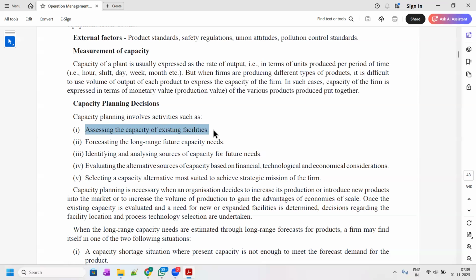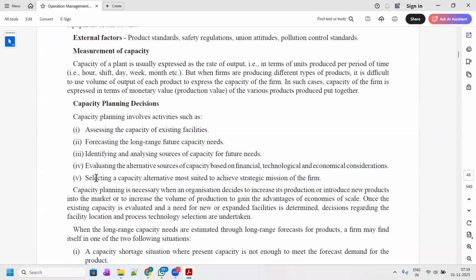Then you talk about forecasting, the long-range future capacity needs. Then we are talking about identifying and analyzing the sources of capacity for future needs. Then we are evaluating the alternative solutions of capacity based on financial, technological, and environmental considerations.